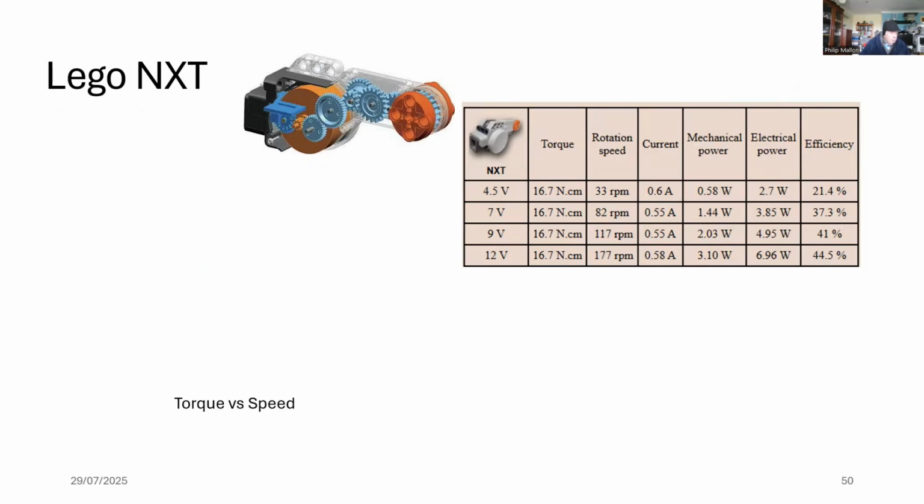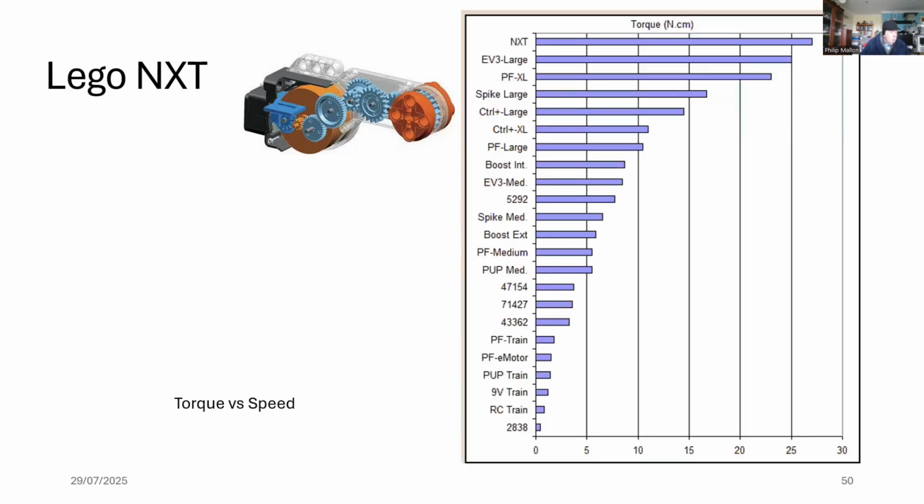So again, we've got the characteristics going from low voltage and increasing in efficiency at 12 volts. You can see the power and the output of the motor. And when we compare torque with all the other Lego motors, you can see this one is quite outstanding in its output.